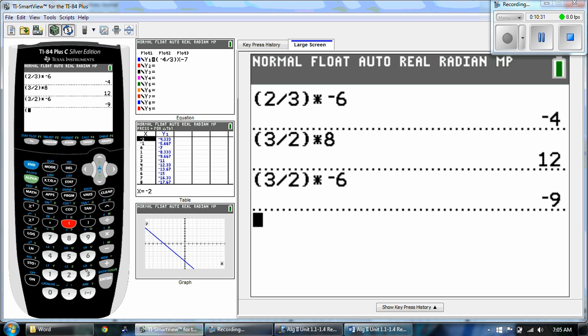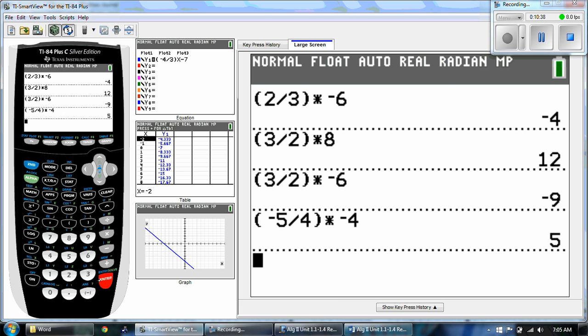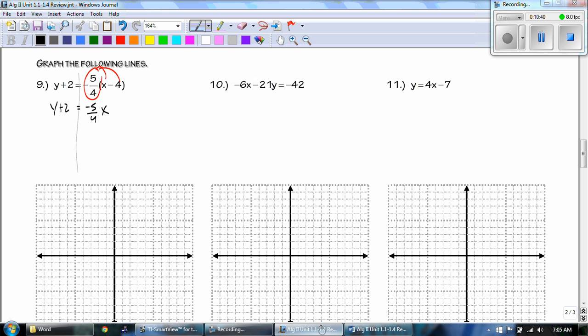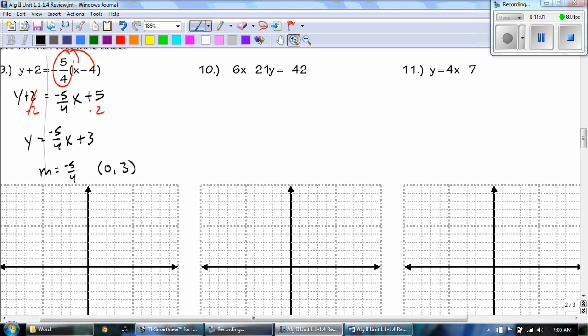You can use your calculator. So negative 5 divided by 4 times negative 4 equals, cool, positive 5. Okay, and then we're going to subtract 2 to both sides, and we get y equals negative 5 over 4x plus 3. So the things that we need is we need our slope, which is negative 5 over 4, and then our y-intercept of 0, 3.